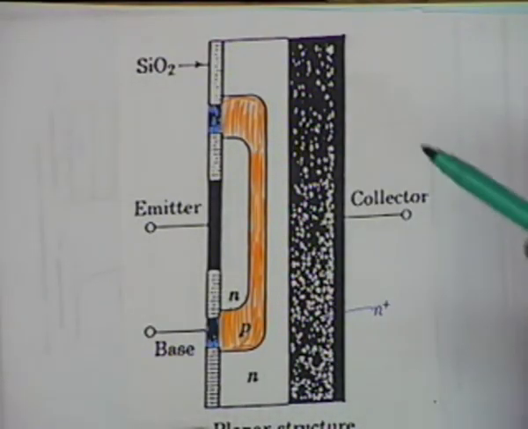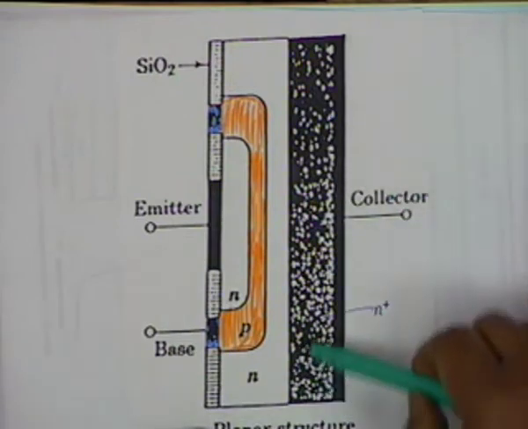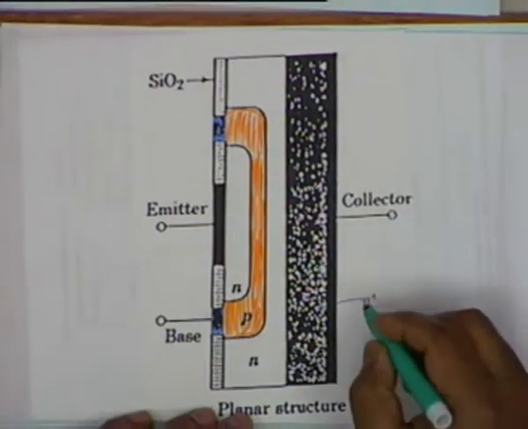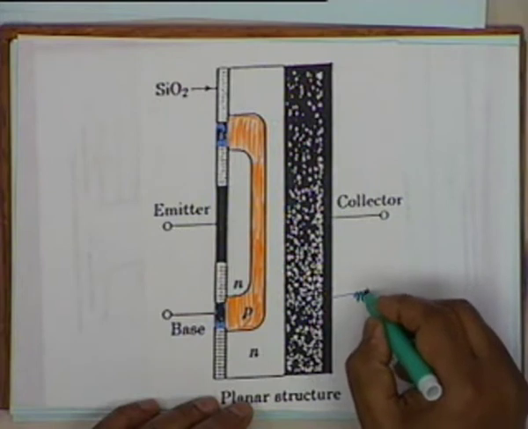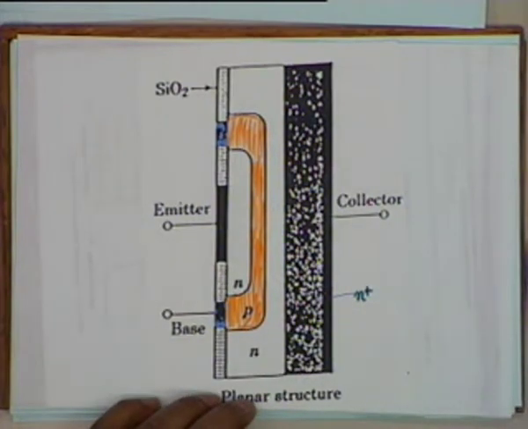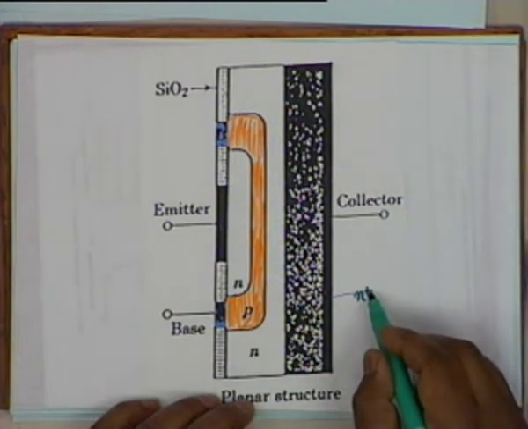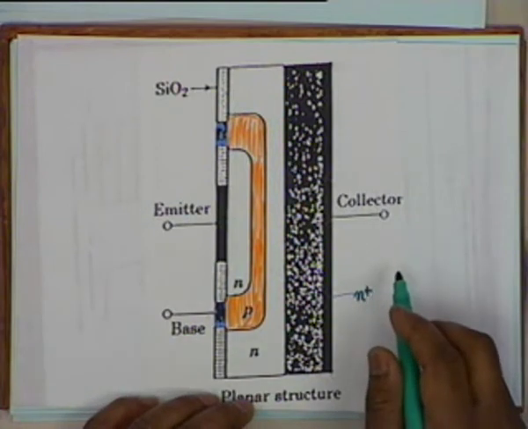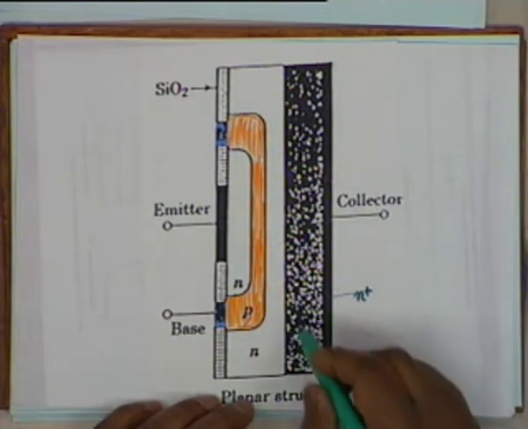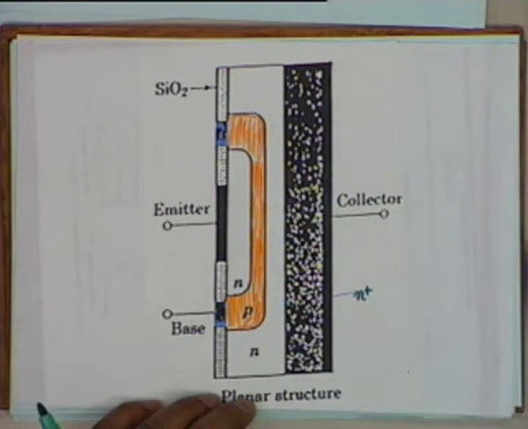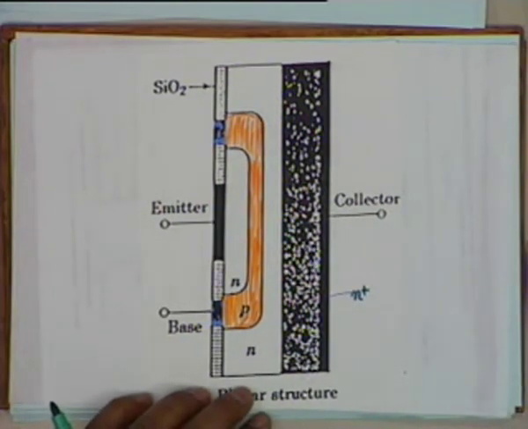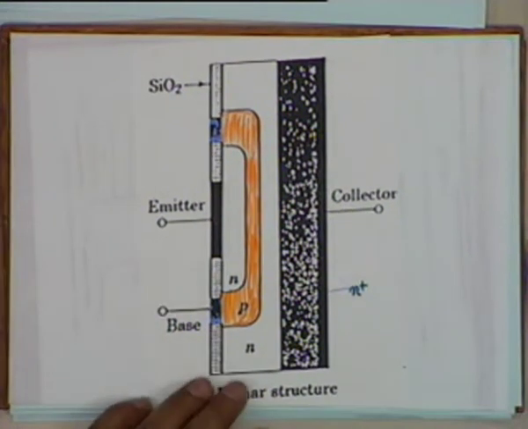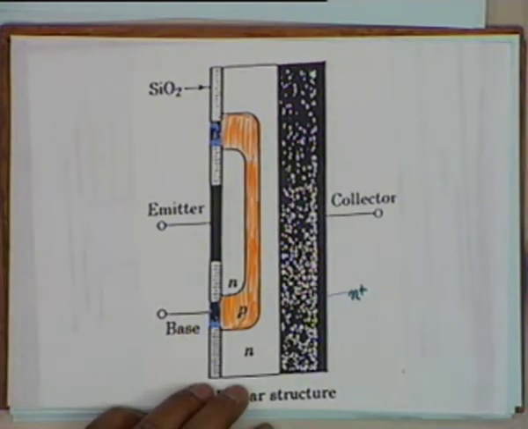So what is done is, first you start with a silicon, bulk silicon, which is N plus. N plus means this plus stands for heavy doping, all right. So basically this is a silicon block, silicon chip or wafer which has been impregnated with N type impurity.